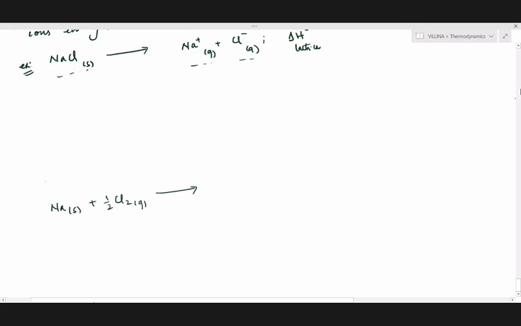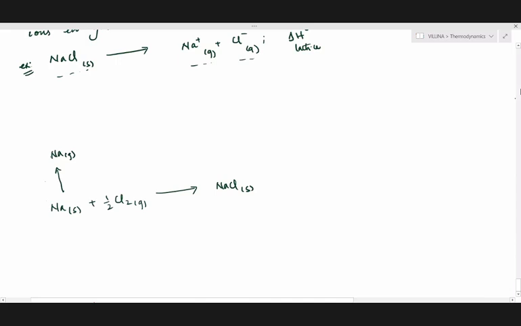Now this is forming NaCl solid, the initial reactant, right? For NaCl to be formed, the gaseous Na should form Na plus ions. In order to do that, we have to convert Na solid to Na gas. So here the phase transformation is happening.